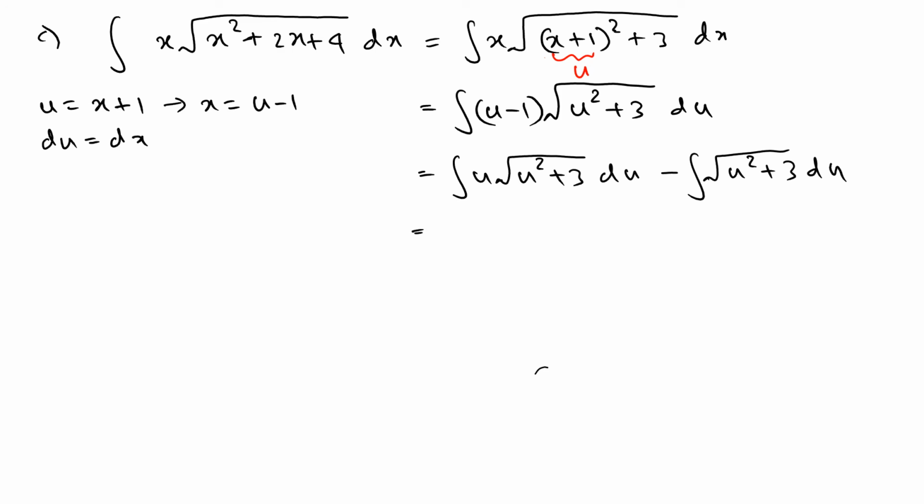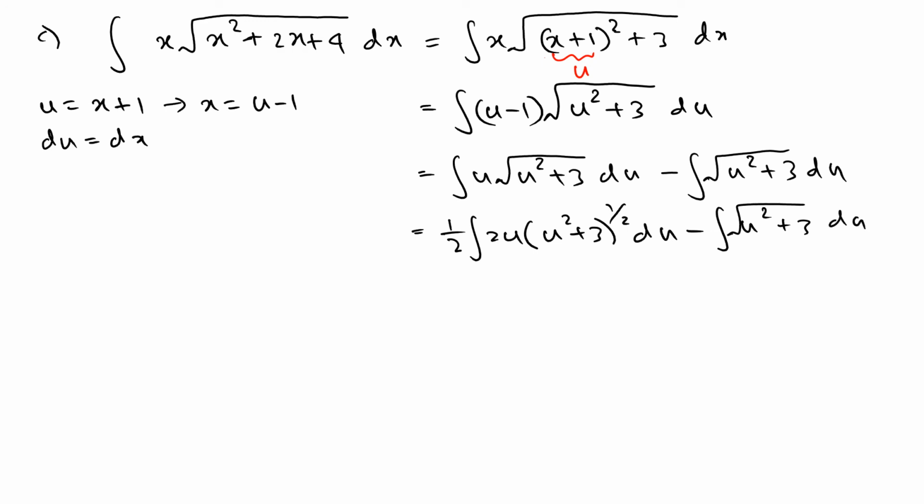So we can write 1/2, 2u, and then u squared plus 3 to the 1/2 du. I'm going to rewrite this one because we can use a formula for that. And then this is simply from the 4 formula trick, because that's just the derivative.